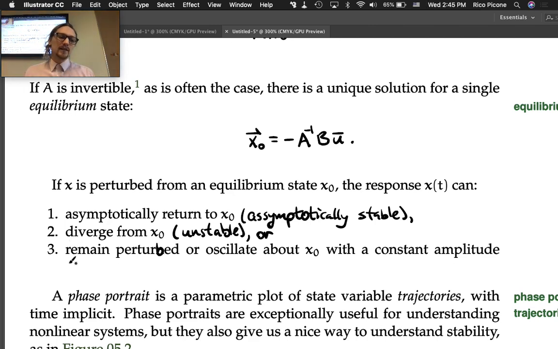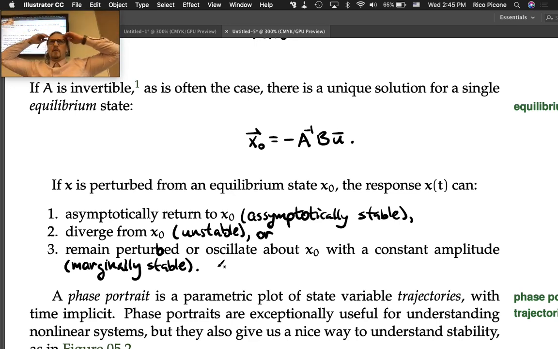In this case, we say that the system is marginally stable. Great. So this is, at a high level, how we think about stability, okay?